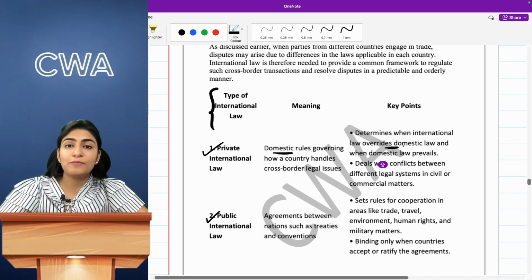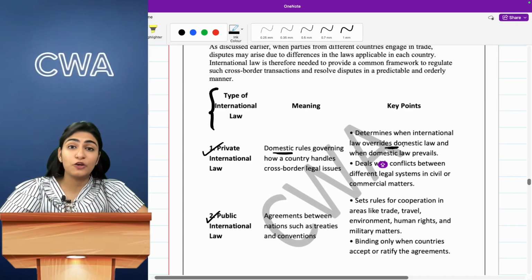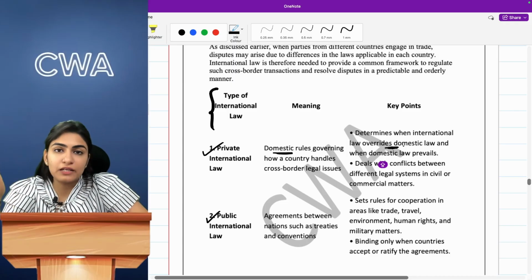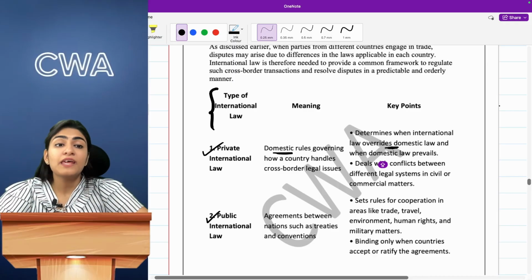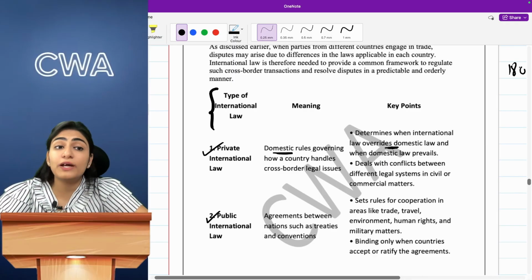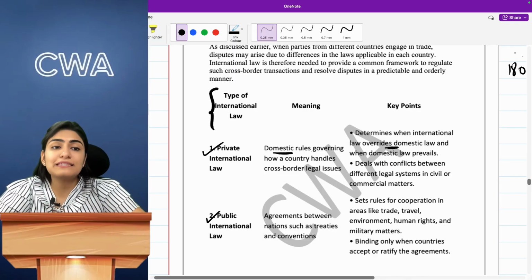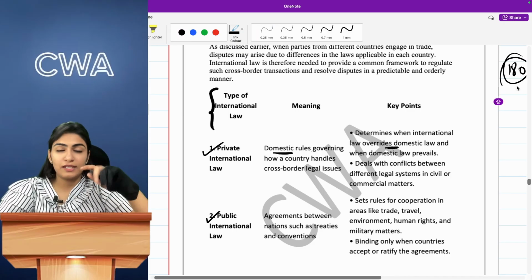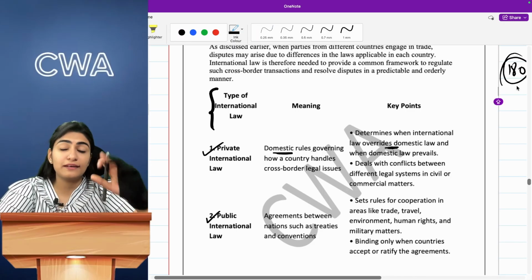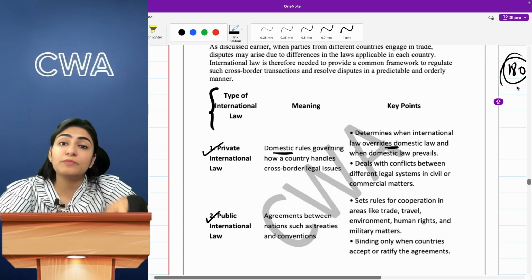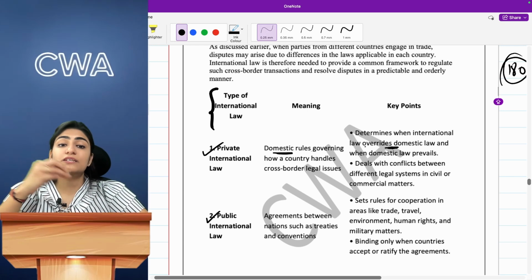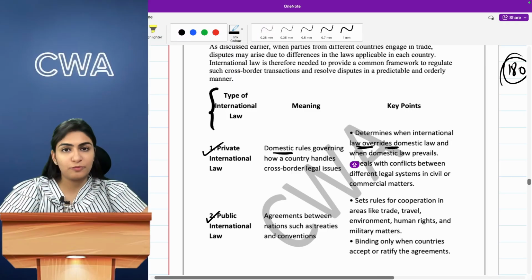But in international law, or in the other party's country, it might be more than 90 days, it might be 180 days or so. In such a case, a dispute may arise: in my country it's only 90 days, in your country it's 180 days, but I want you to pay me in 90 days. In such cases, law exists that may override the domestic law.